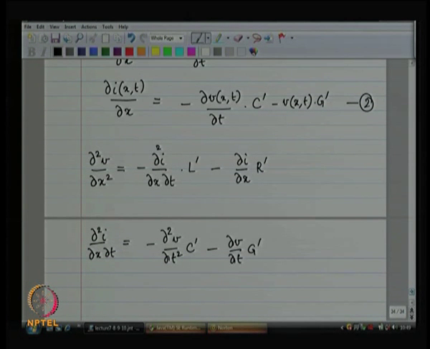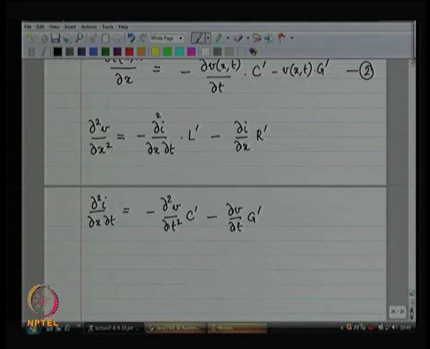Okay. Now, we are going to plug in the value of ∂²I/∂x∂t. So, let us call these equations 3 and 4. Equation 4 gives me a relationship for ∂²I/∂x∂t purely in terms of voltages.